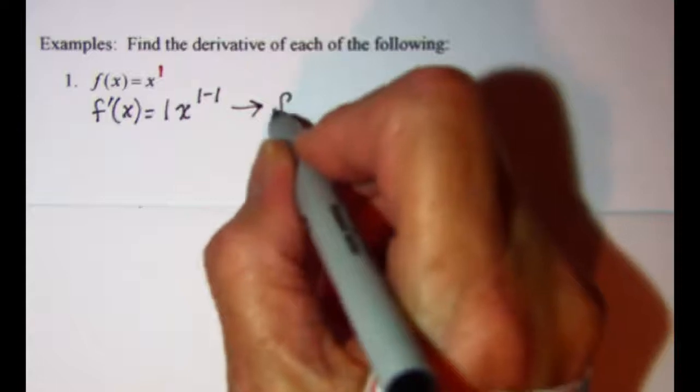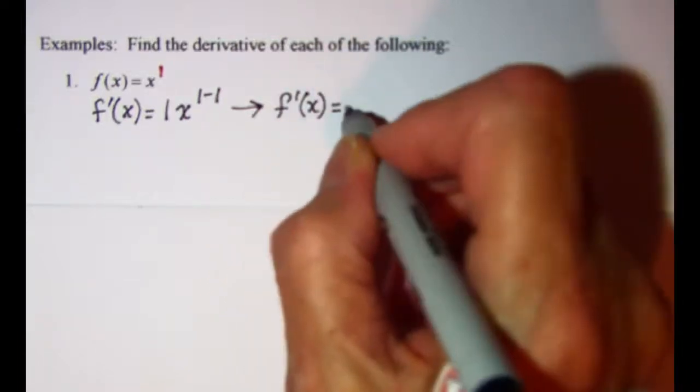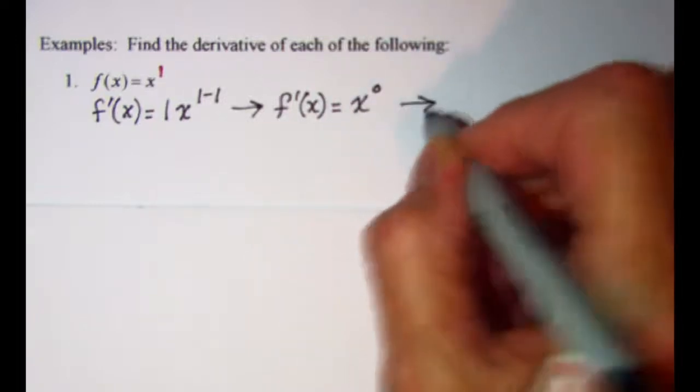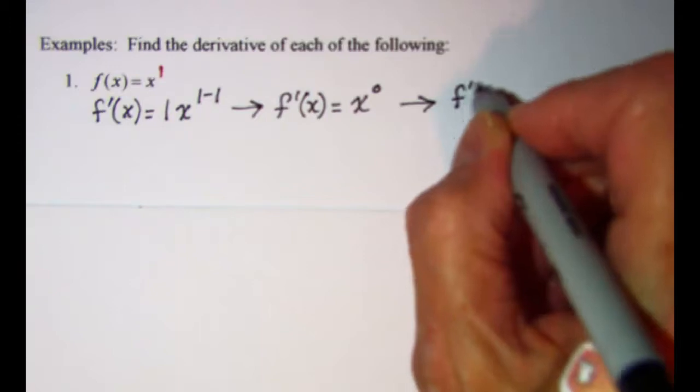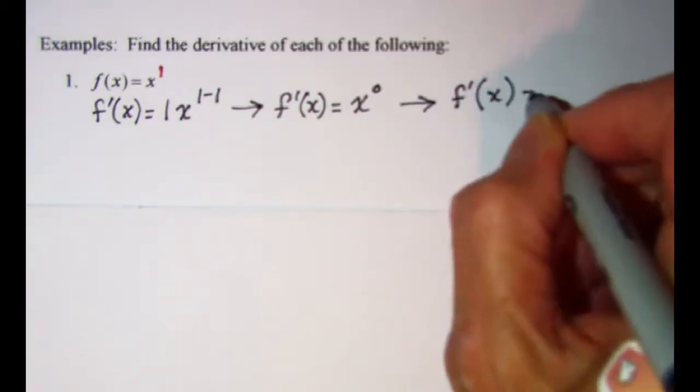So our derivative of f of x is equal to x to the 0, which we know is 1.